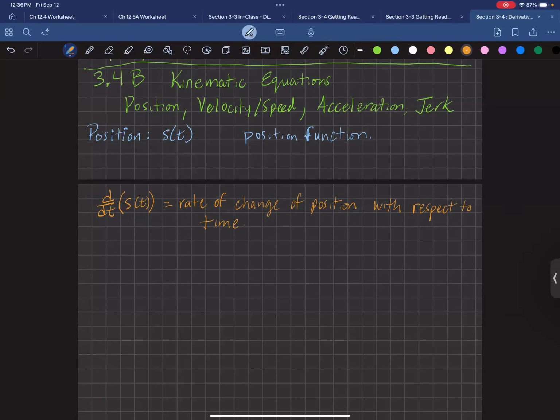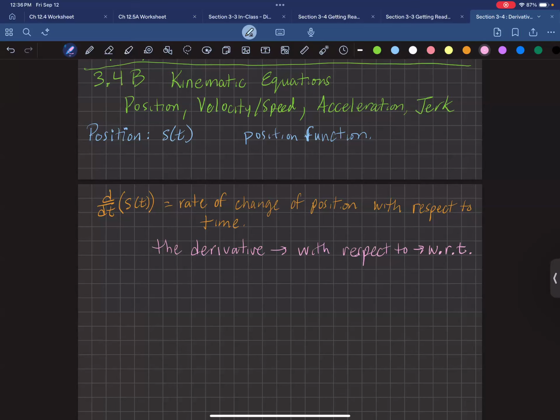In fact, this is a common phrase: the derivative with respect to. It gets said so much, we abbreviate it to WRT.